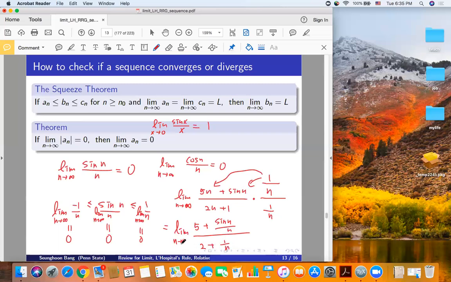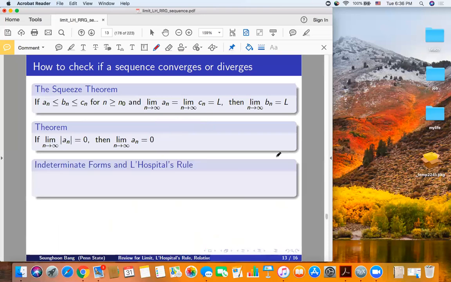What happens as n goes to infinity? Sine of n over n goes to 0 by using the squeeze theorem, and 1 over n goes to 0. What's your final answer? 5 over 2. This is the idea of using the squeeze theorem. You got it?